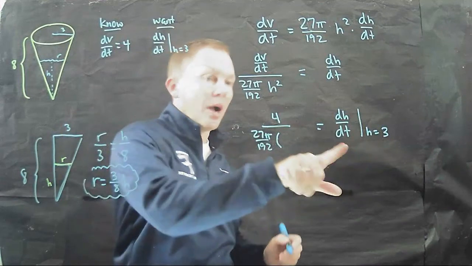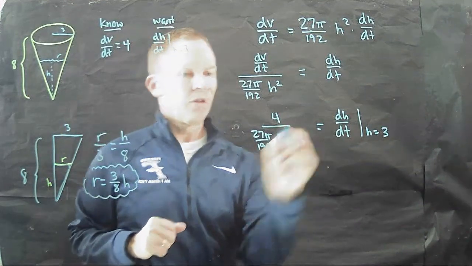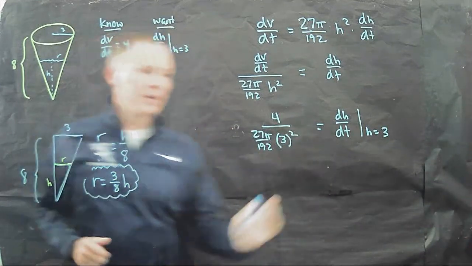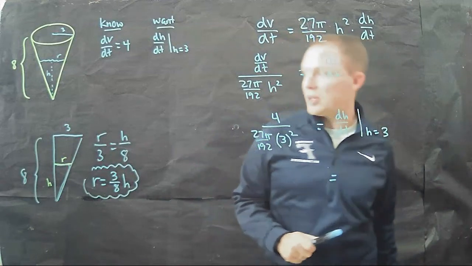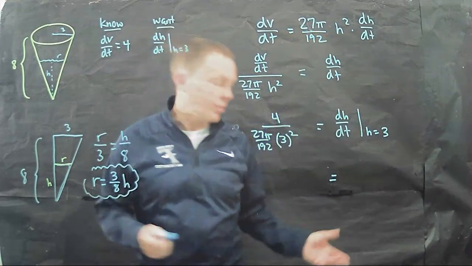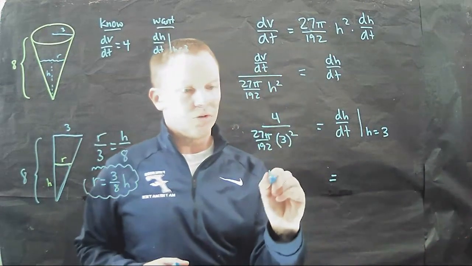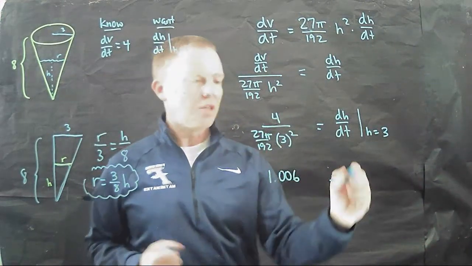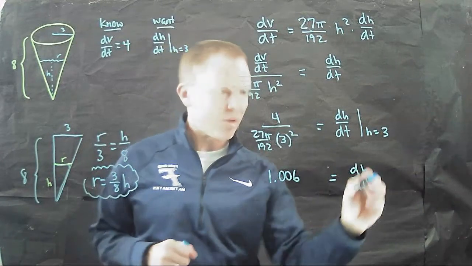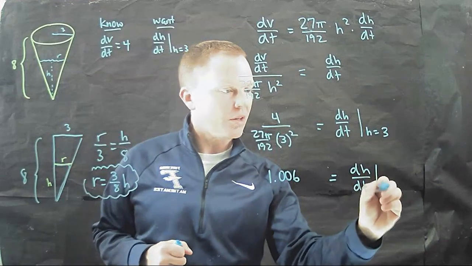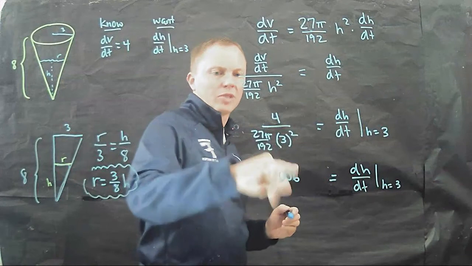Well, I know I want dH dt when h equals 3, so that's where I'm going to put my 3 squared. Okay? So let's go ahead and compute this. I'm going to pause this so you don't have to watch me type on a calculator. Okay, so Big Red here told me 1.006. You might want to double check me on that. It's dark in here, so I might have typed something incorrectly. So dH dt when h equals 3 was 1.006.